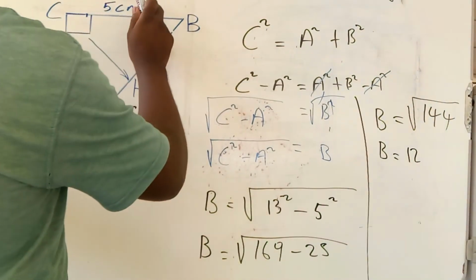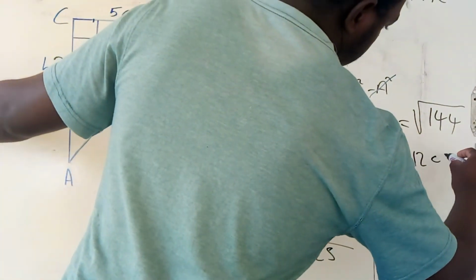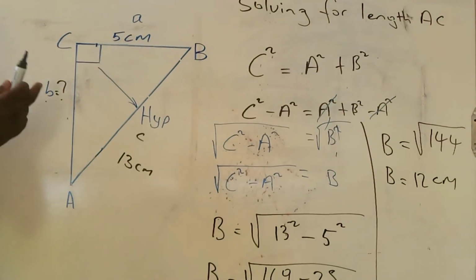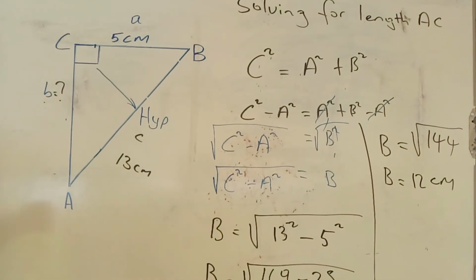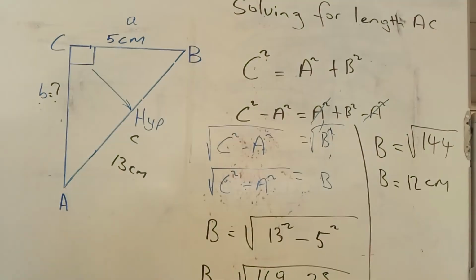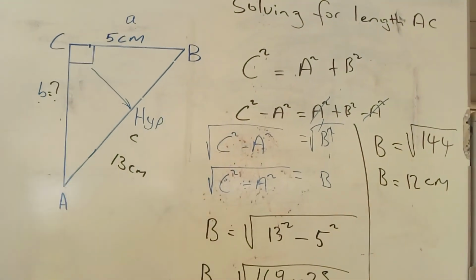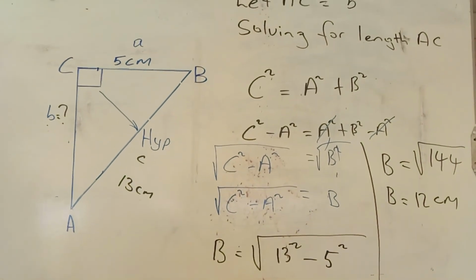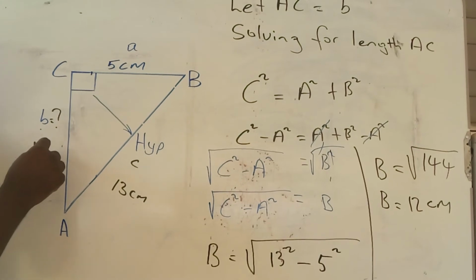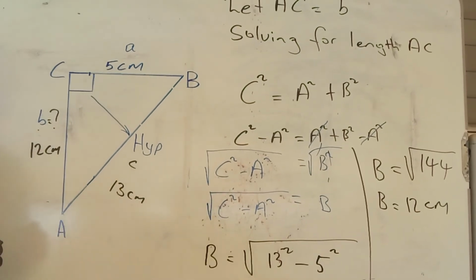And remember the unit, which is centimeter. But we did know that B was already 12 centimeter. I just wanted to show you how you would solve it if you didn't know. Alright? So B here is 12 centimeter.